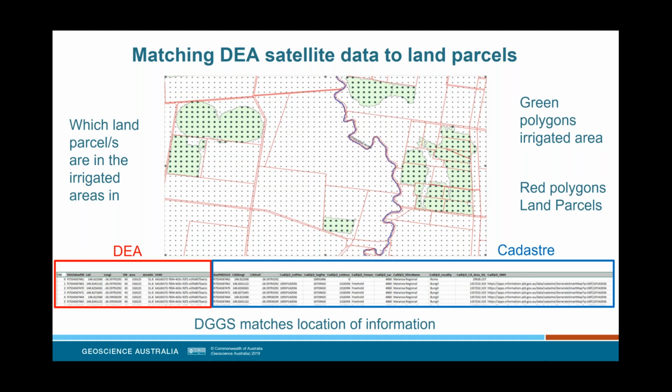And you'll see a bunch of dots everywhere. So you'll see some small dots and then some thicker dots. The thicker dots are the DGGS cells and the identifiers that lie within those irrigated areas, and the smaller dots are the ones that are within the cadastral areas.